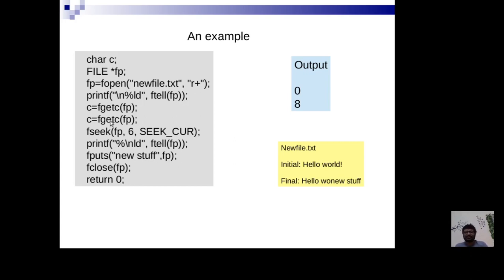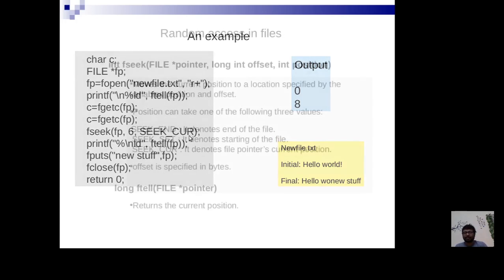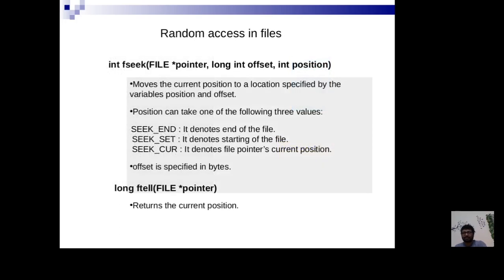Now let's say we read 2 characters from the file. After you read 2 characters, the current position is 2. Then we call fseek with these parameters: fp, SEEK_CUR, and 6. SEEK_CUR, remember, corresponds to the starting location. SEEK_CUR, the current position.